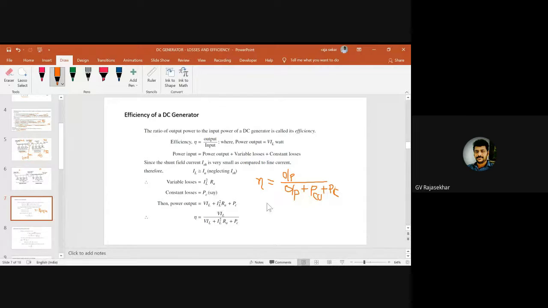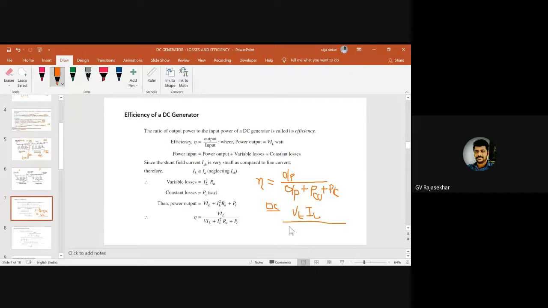Suppose you are dealing with a DC generator, what is the power output? VT into IL, the terminal voltage into the terminal current, gives output power.